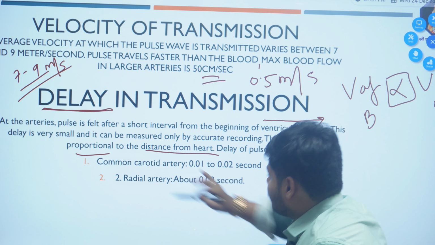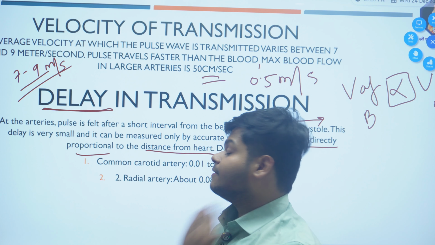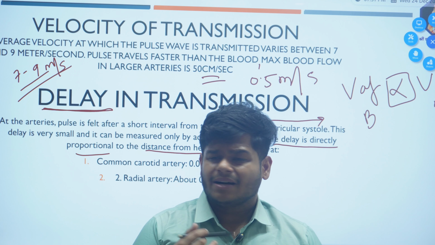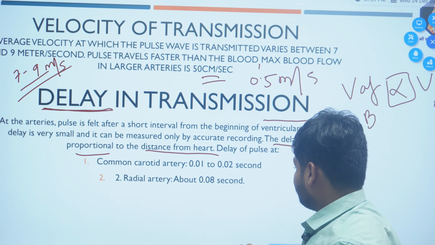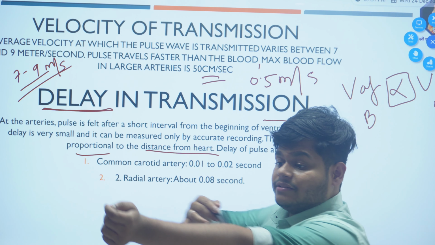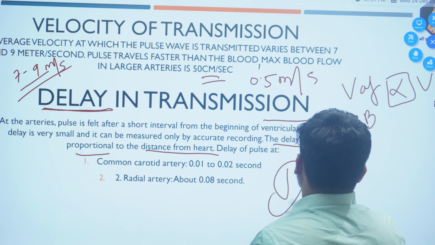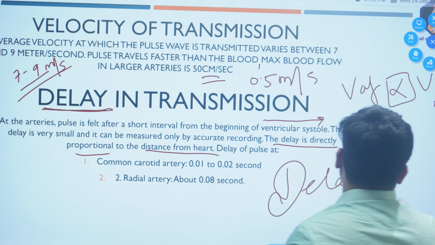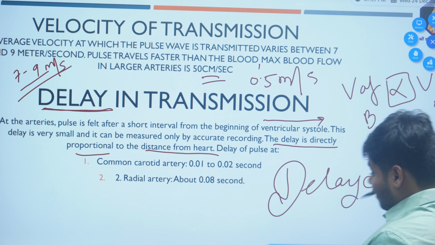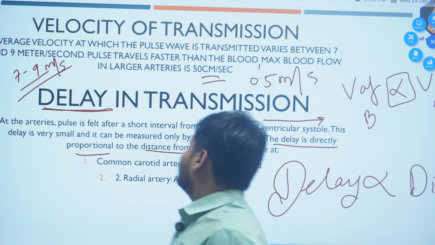So the carotid artery is situated here, we can feel it. The distance between the carotid artery and the heart is less as compared to the radial artery, right? The radial artery is here, the length is more, so the delay is more. So we can directly say that delay is directly proportional to the distance from the heart to that specific artery, right?